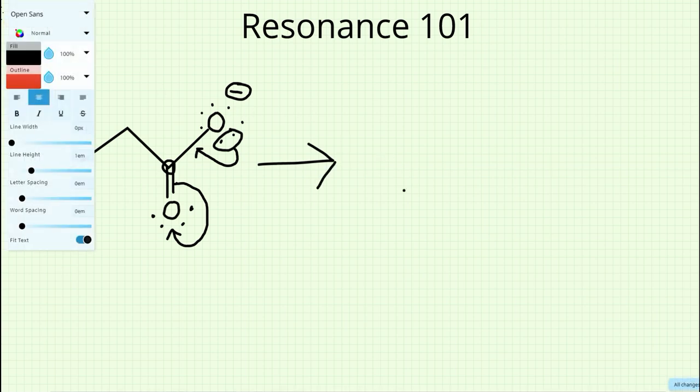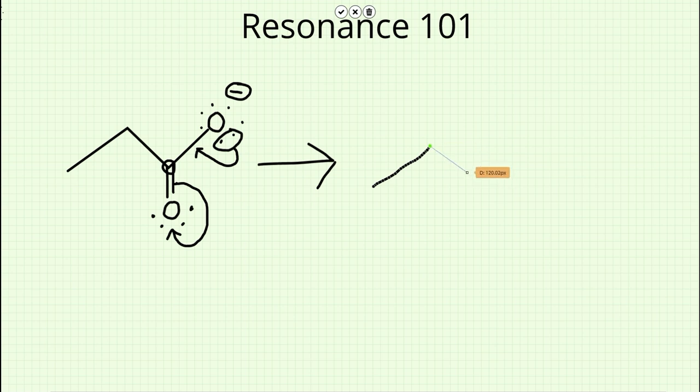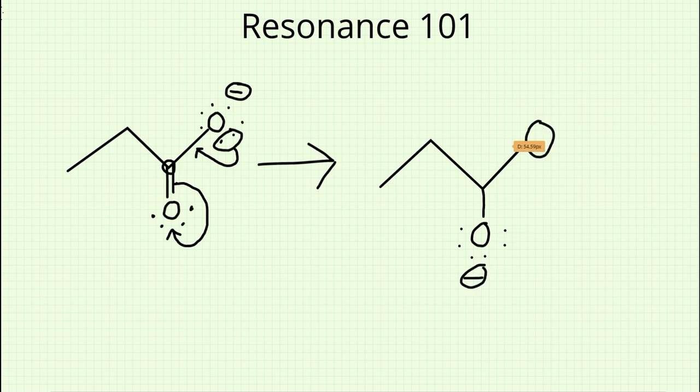Oh, I'm sorry, that was wrong. So we can have a structure that looks something like this. Now the double-bonded oxygen is now a single bond, and the single-bonded oxygen will now have a double bond with no net charge.